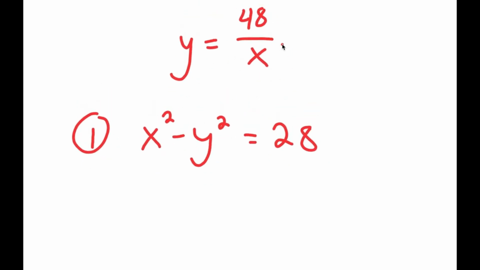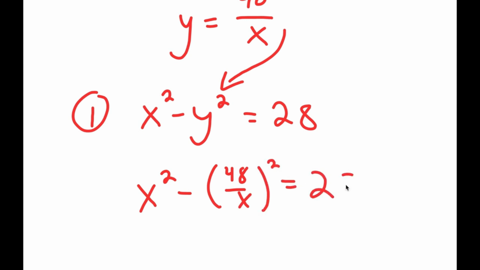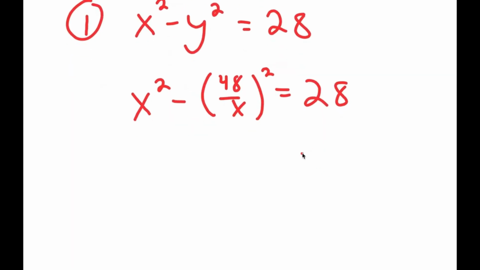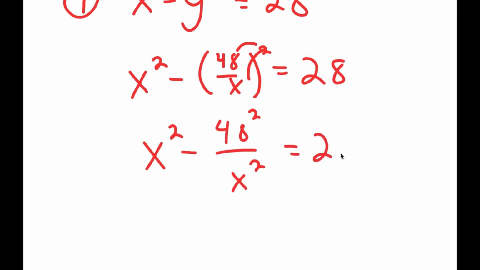So if I plug this in for y, I get x squared minus (48 over x) squared is equal to 28. Now I can distribute the 2, so I get x squared minus 48 squared over x squared is equal to 28.